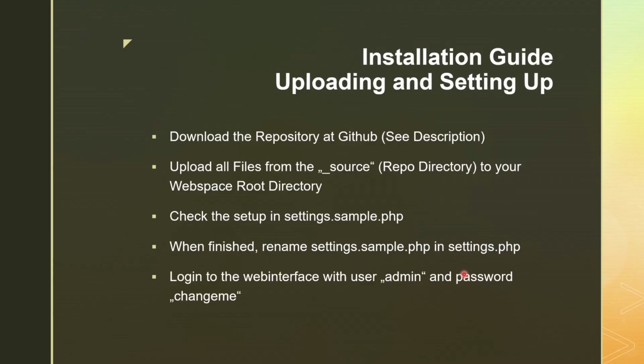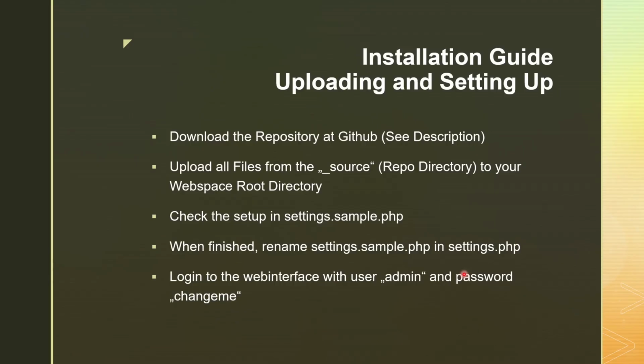The installation procedure is kind of the usual way. You download the repository, upload the files out of the source directory to your webspace root folder. After that, you need to check the settings.sample.php, and inside that file you will have a list of settings you can set up, with explanations inside that file about those settings.